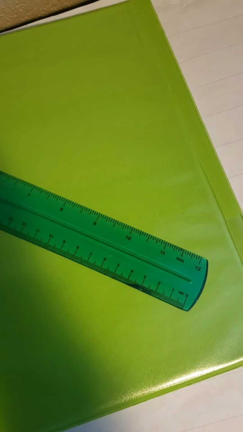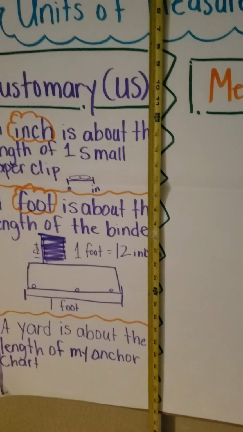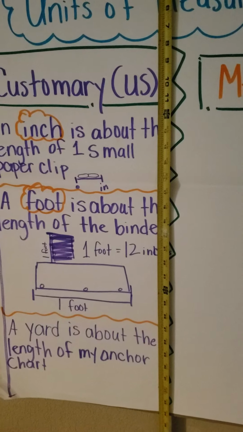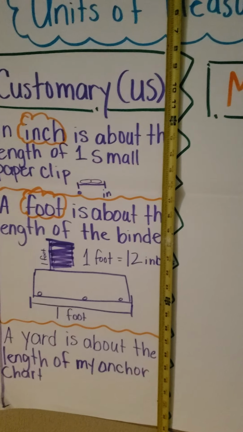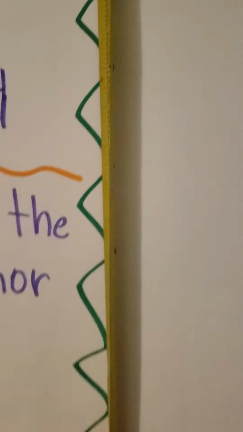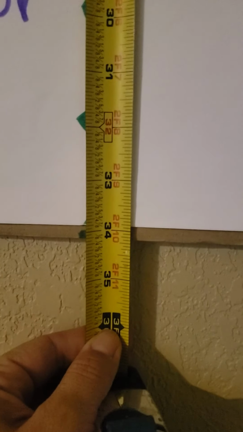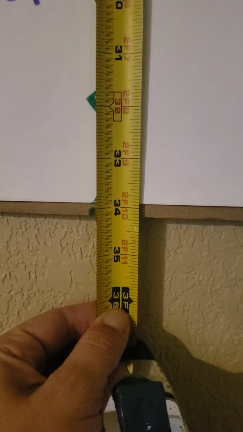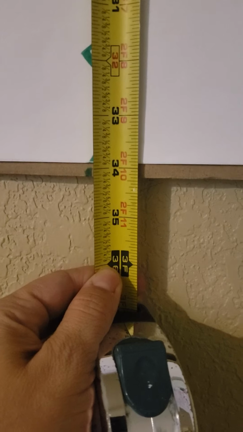Now let's do our last one for customary units, and that's going to be yards. The next unit of measurement that I want to show you is the last one. It's a yard. And the yard is going to be about the length from all the way up here all the way down to the end of my anchor chart. And like I said, it's about. A yard is 3 feet or 36 inches.